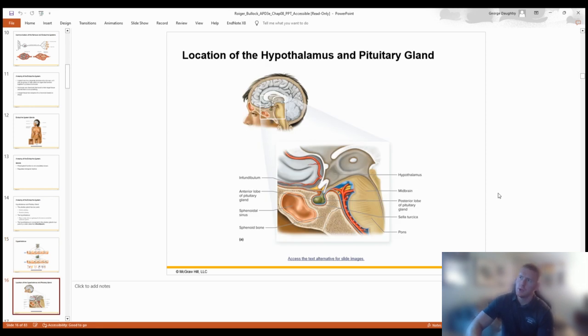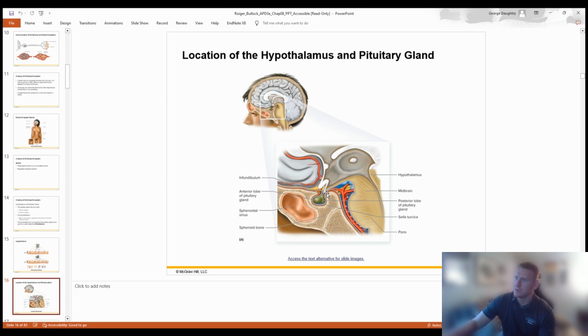All right, so do know the anatomical features and the anatomical location of the hypothalamus and the pituitary gland. The hypothalamus, right, is right here at the kind of centralized point of the brain. It's right above the midbrain. And what you'll see is that stalk that works its way down, and now we have that anterior lobe.